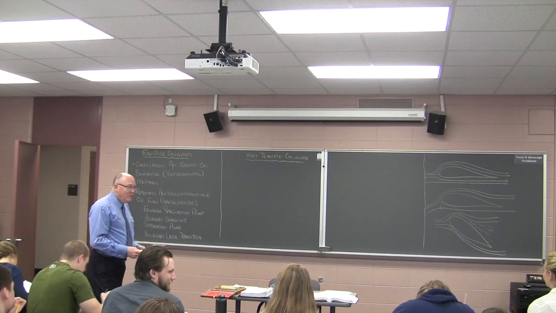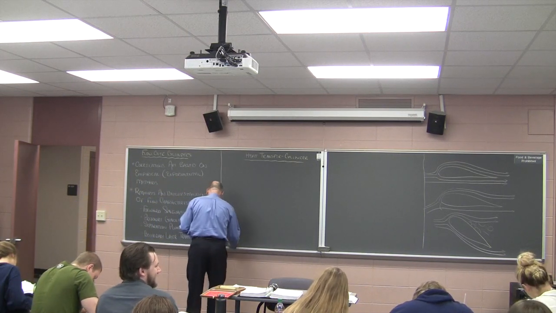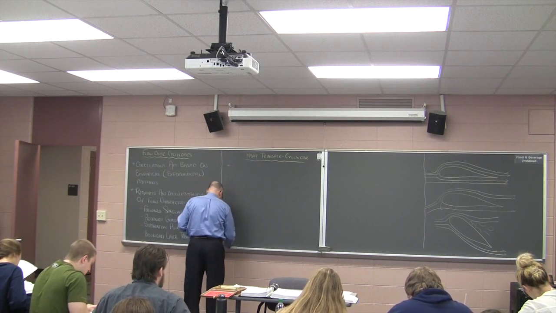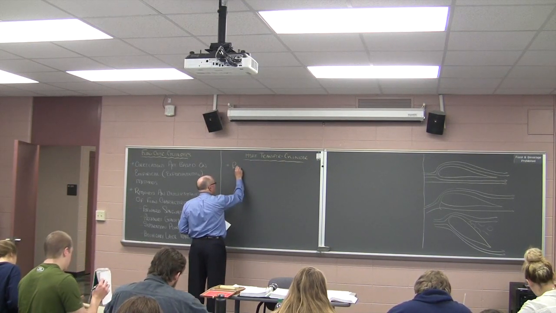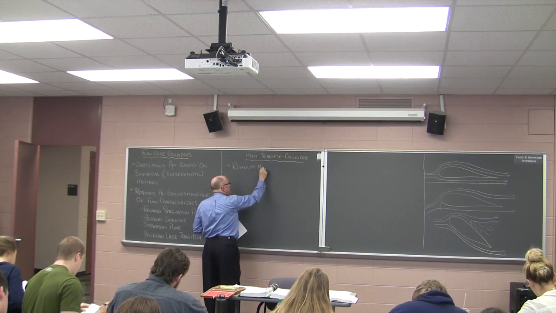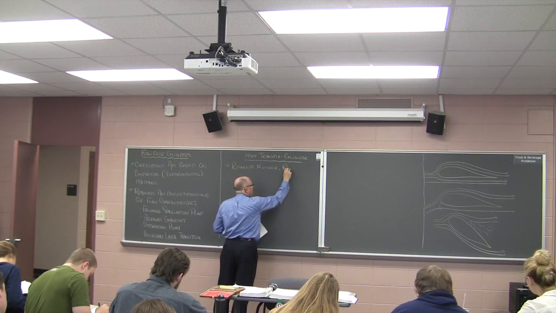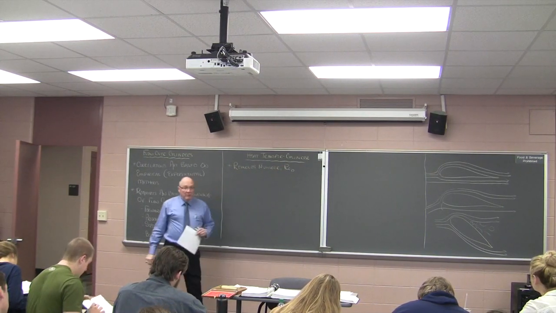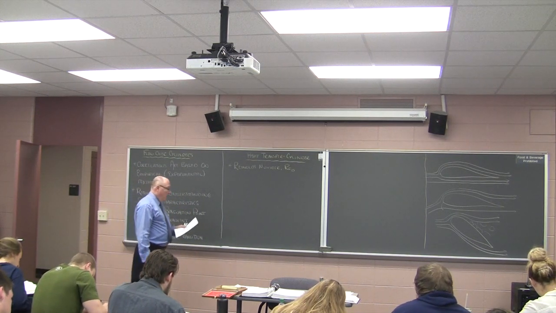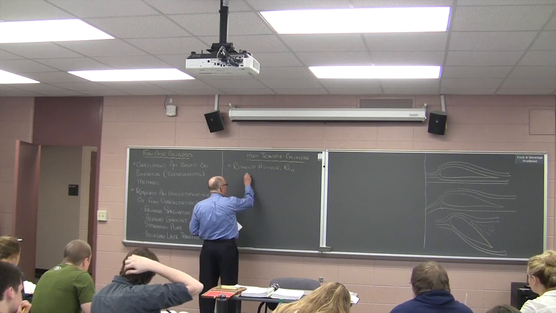But we're just going to go to the empirical correlations. And to start off, we're going to redefine the Reynolds number. The Reynolds number is going to be defined in terms of the diameter of the cylinder or the sphere, because we're going to be dealing with spheres. We're going to cover those today as well.